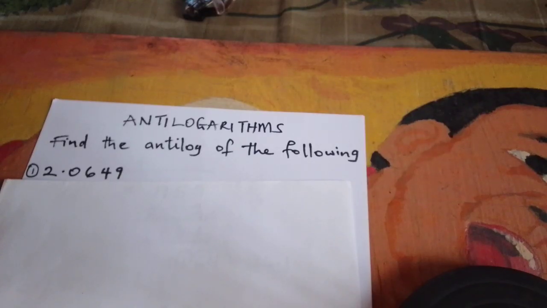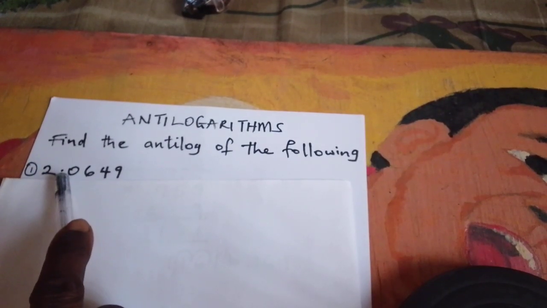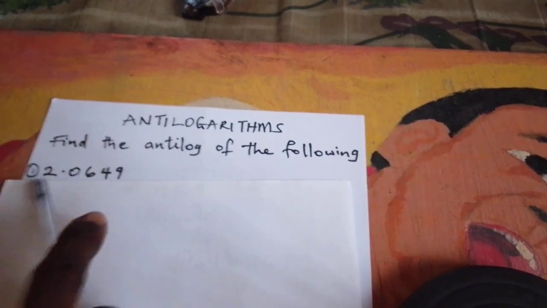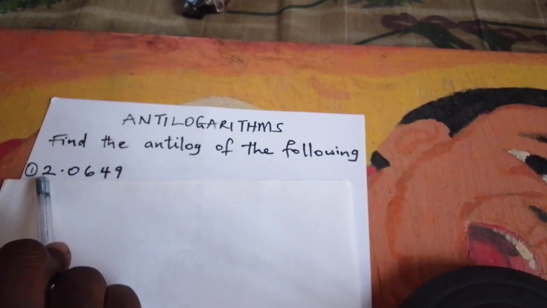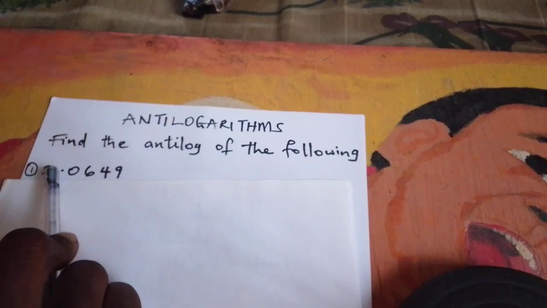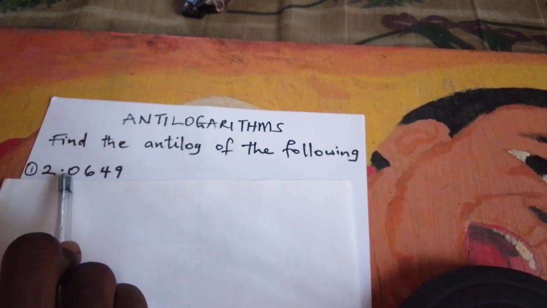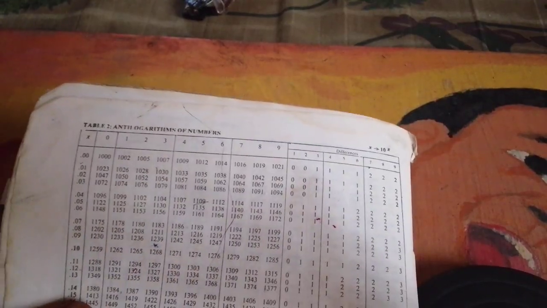2.0649. So now you start with the number after the decimal point. The first digit is for the number of decimal places, but you use it only after you have looked for the antilog. So that means you are going to start with 0.06. You come to the anti-logarithm table.